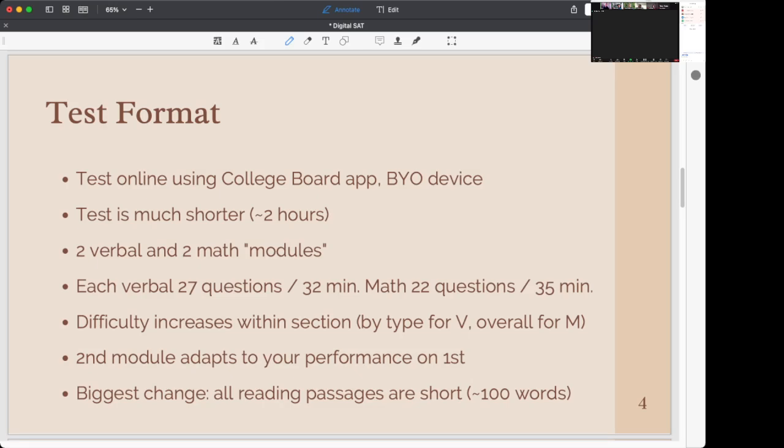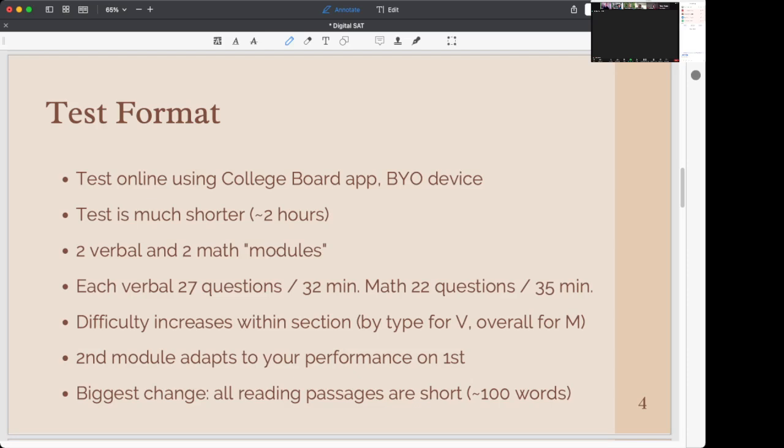And that can be a little disconcerting if you're not used to that kind of difficulty jump from practice, because now every question tends to be a little more challenging and it's going to take you longer. This is why the test is only 2 hours, because the test can figure out where you should be in scoring based on a more limited number of questions, which is nice.